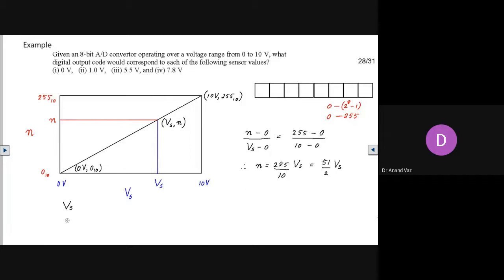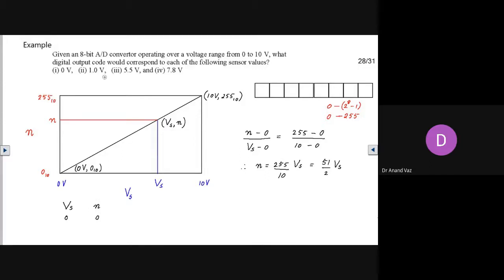So when Vs is 0 volts, what will be the bit count? When Vs is 0, this will get multiplied by 0, so n will be equal to 0. Okay. It is an integer.